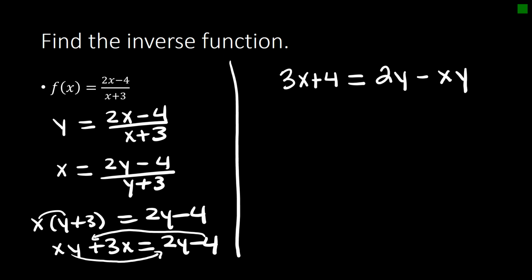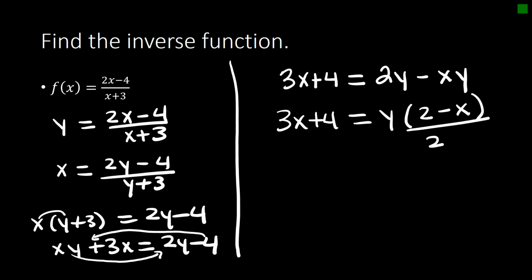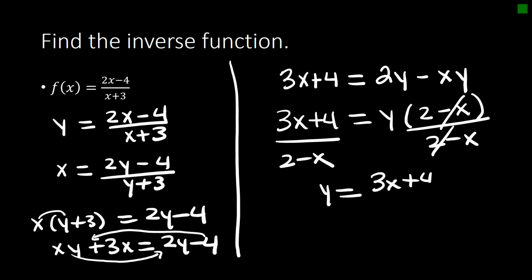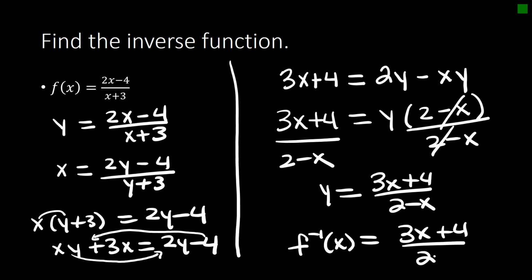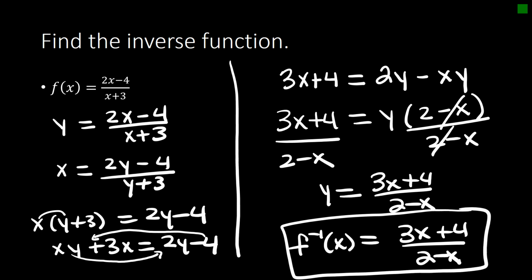Now you want to gather your y terms on one side so that you can factor out a y. And then you can divide by whatever that is, 2 minus x. So you have y equals 3x plus 4 over 2 minus x, or f inverse of x is 3x plus 4 over 2 minus x.